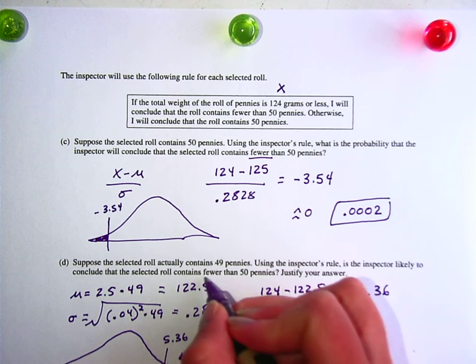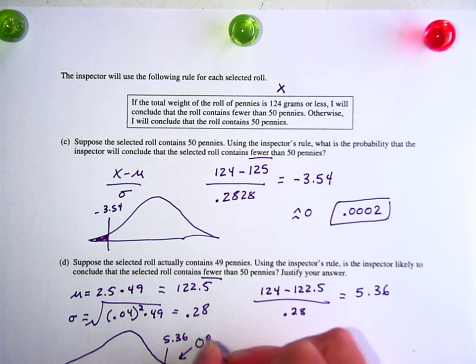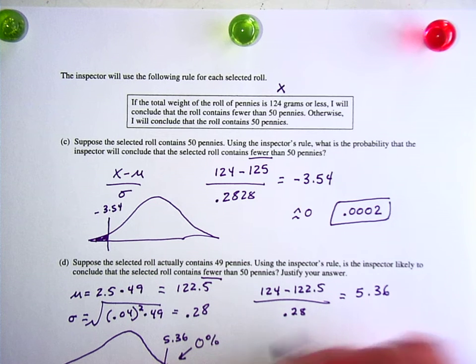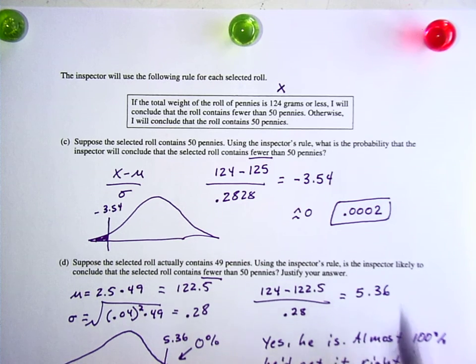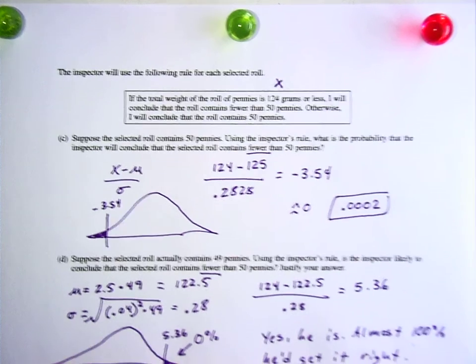So the answer to their question, is the inspector likely? Yes, he is. Almost 100% chance he'd get it right. And there's your proof with your z-score and all of that stuff.